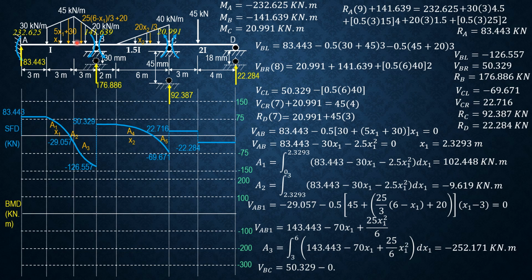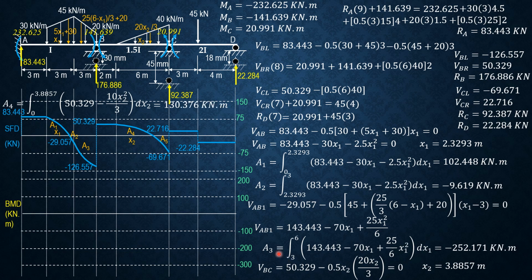So this distance is x1 minus 3 because x1 begins here up to here, and because this is already 3, so the distance between the 45 kilonewton meter intensity of load and 25 over 3 quantity 6 minus x1 plus 20 kilonewton meter intensity of load is x1 minus 3. So simplifying this equation, shear AB1 is 143.440 minus 70 x1 plus 25 x1 square over 6. So verify that.